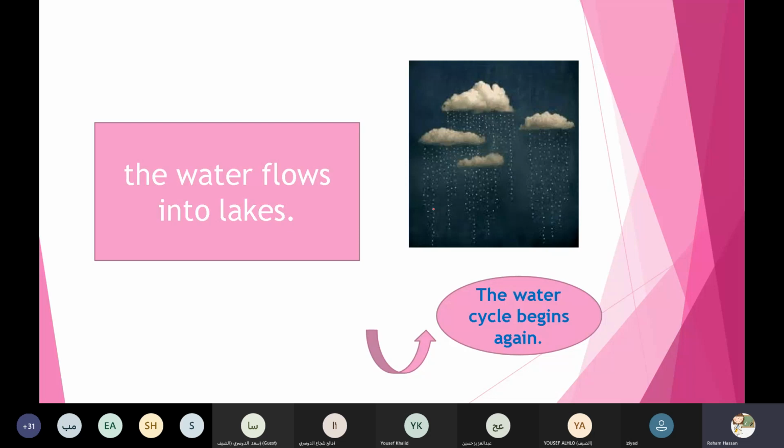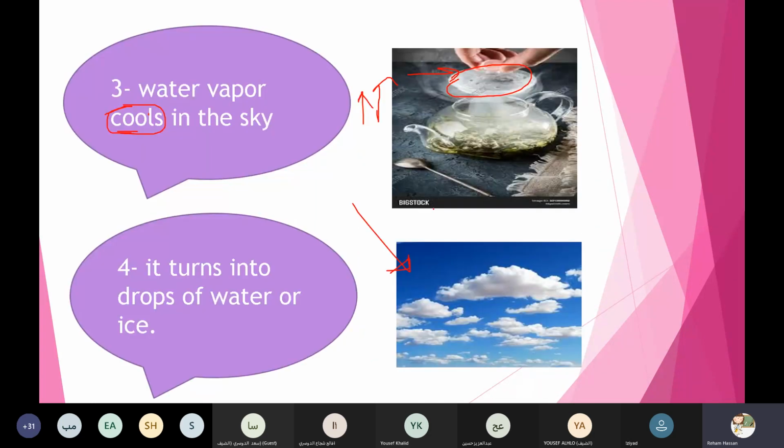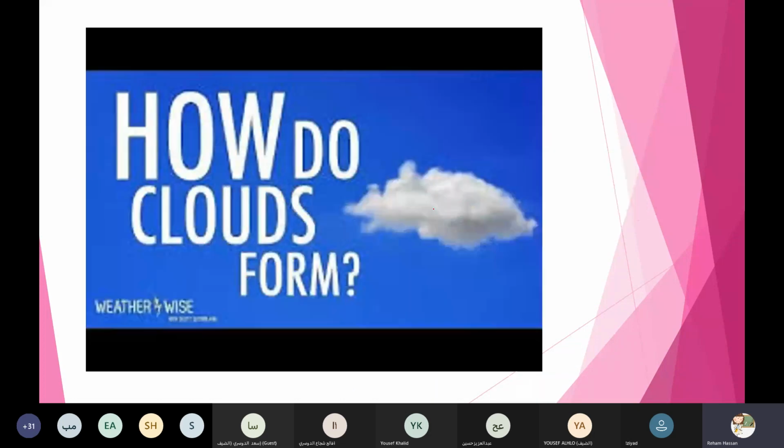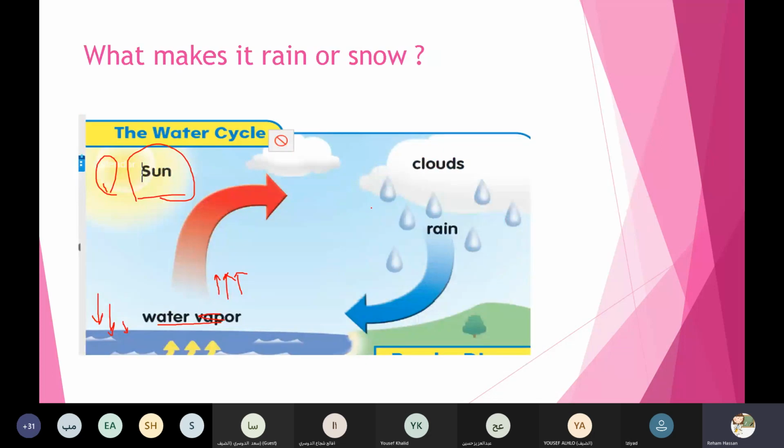Okay. So, Ali, how do the clouds form? How do the clouds form, honey? Look here. When the water vapor cools in the sky, now the clouds form.